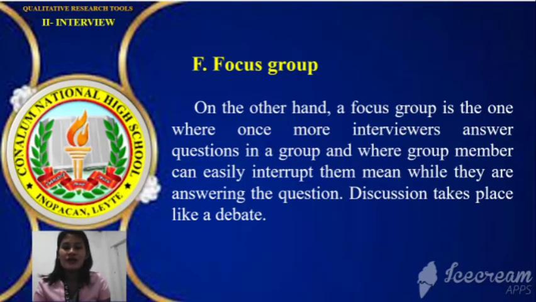Okay, so let our respondents know the type of interview and observation you are going to do. When you say focus group, it is like a debate. The respondents can interrupt, can make us stop talking because they want to give answers. So that is focus group.